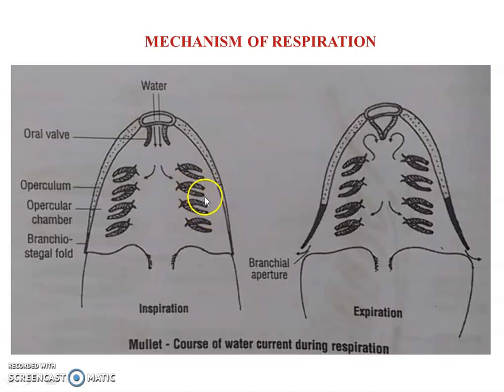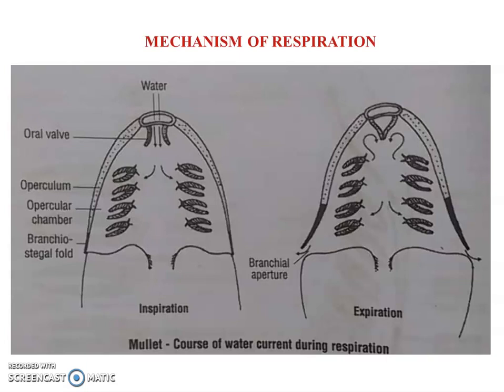And when the water is moving through the gill slits, it actually bathes the gill filaments, right? And during this process, water bathes the richly vascular gill filaments, and respiratory exchange of gases takes place.